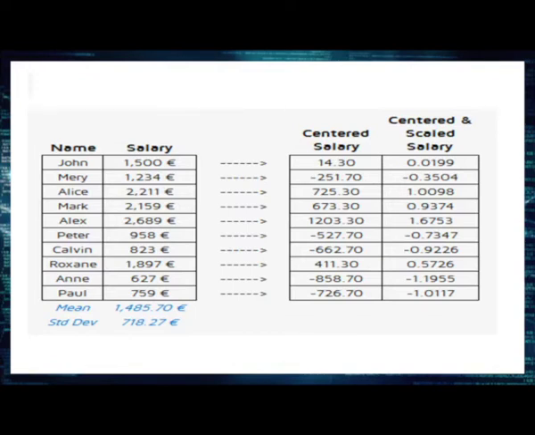For example, for the first person John, his salary is 1500, but the mean value of the salary is 1485.70. So the difference between these two values, 1500 minus 1485.70, is 14.30. Likewise, they are calculating for this centering and scaling. For scaling, they are taking the standard deviation values.